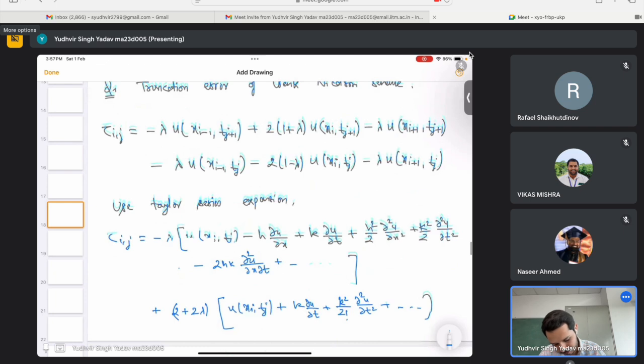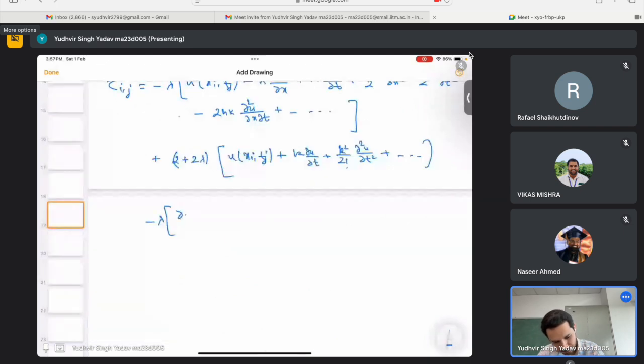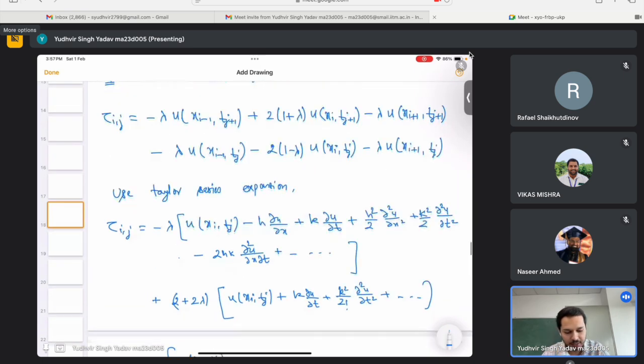So we will have minus of lambda u(xi, tj), and here we can see we have both i plus one and j plus one, so all the terms will remain positive.